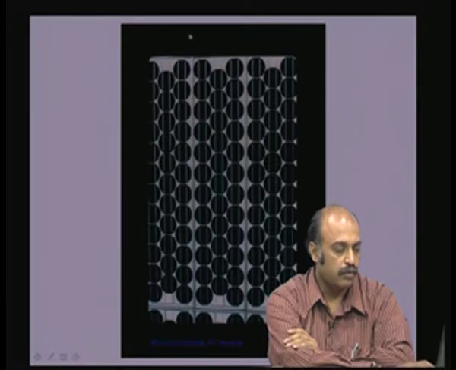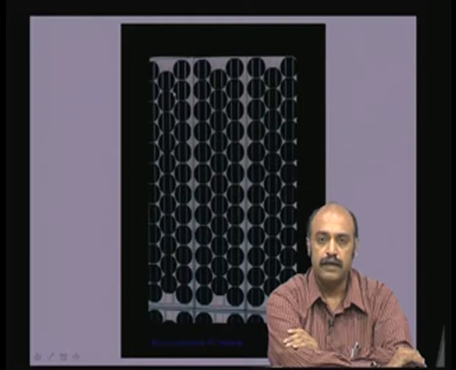Few examples of the photovoltaic cells. These are how the photovoltaic cells look in the real world. Each is a module, as you see here, mounted on the rooftop of the home. This is also a photovoltaic panel. These are monocrystalline photovoltaic modules available in the market.